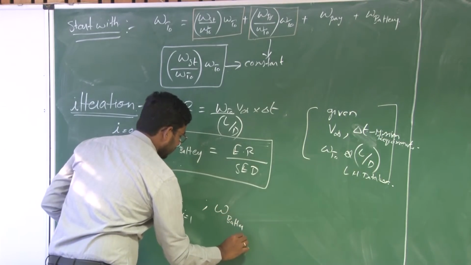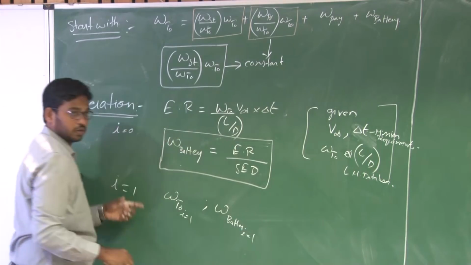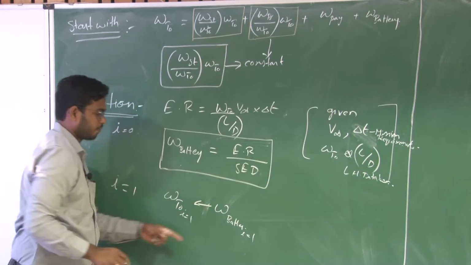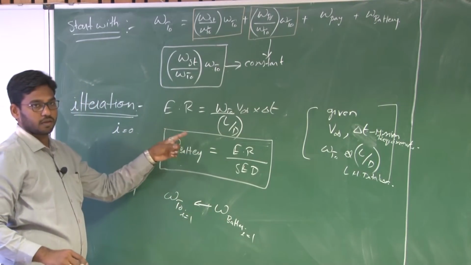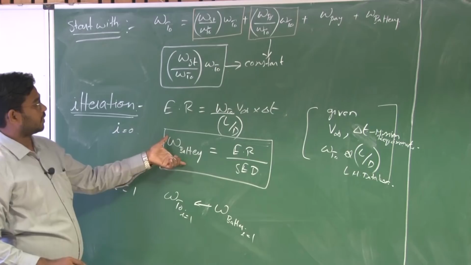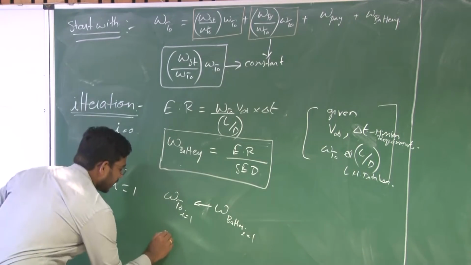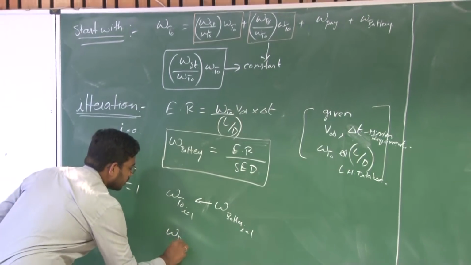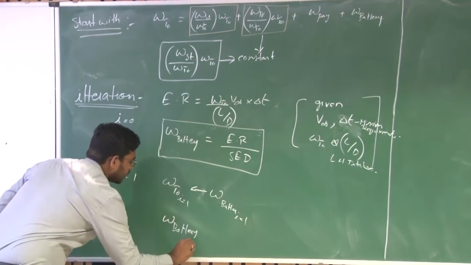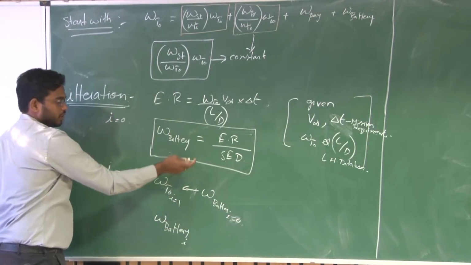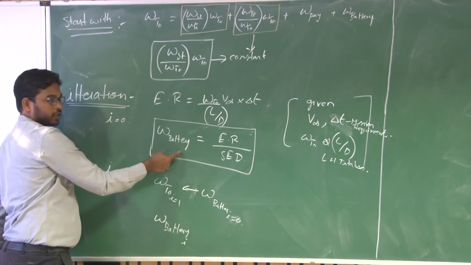This updated takeoff weight you obtained from the initial battery weight that you estimated at i equals 0, the one that you calculated here.